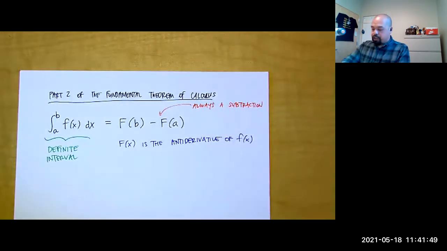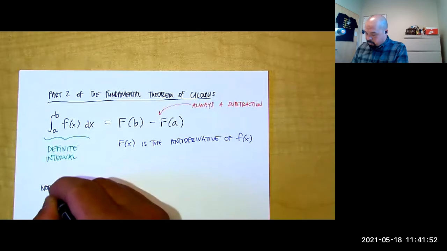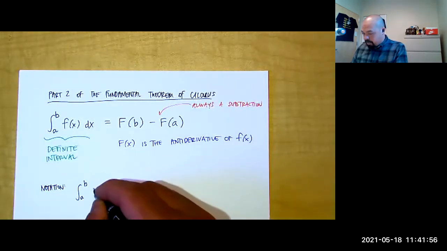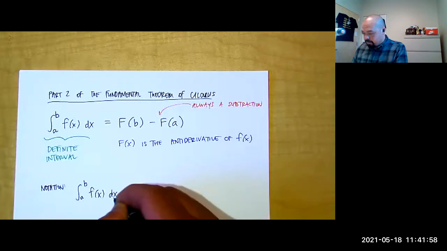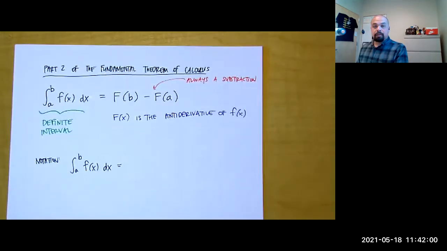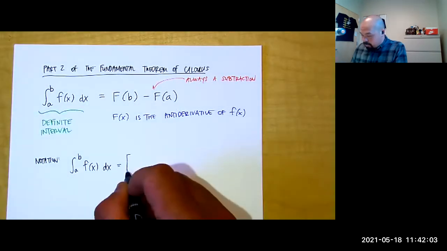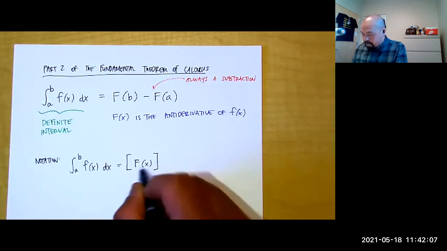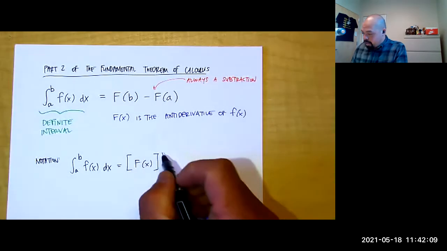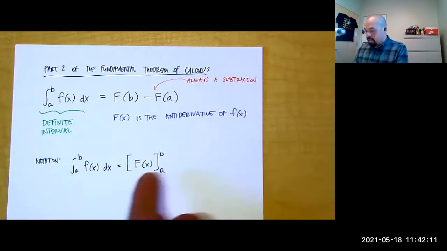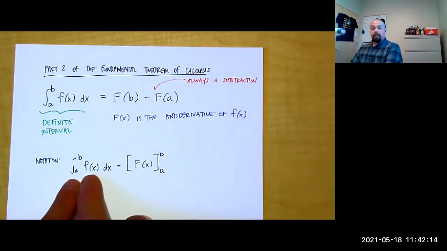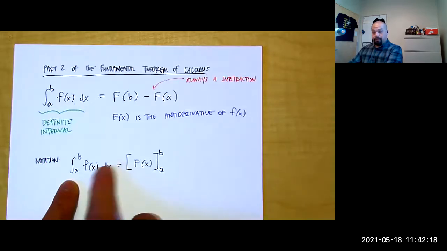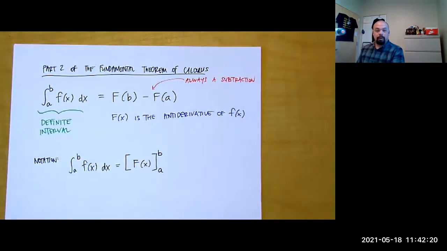And so some notations here. When we work on these, this integral from a to b of that function f of x dx is equal to, okay, one way we start to see it, in full brackets here, capital F of x in the brackets, our antiderivative, and then our limits of integration slide to the other side. So our work becomes looking for the antiderivative, and then instead of the integral symbol, the dx falls away. We take those limits and put them on the outside of those brackets.